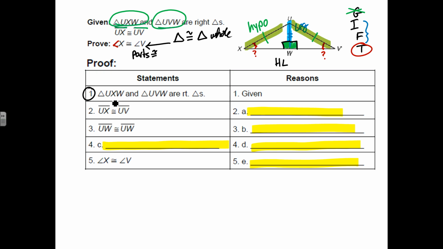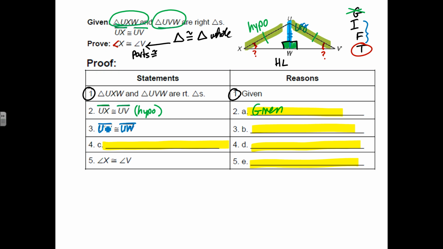Number one, those triangles are right triangles. Why do we know that? It is given. Number two, UX and UV, which is the hypo. Why do we know that's true? That's given. Look very carefully. UW is congruent to UW. It looks exactly the same.